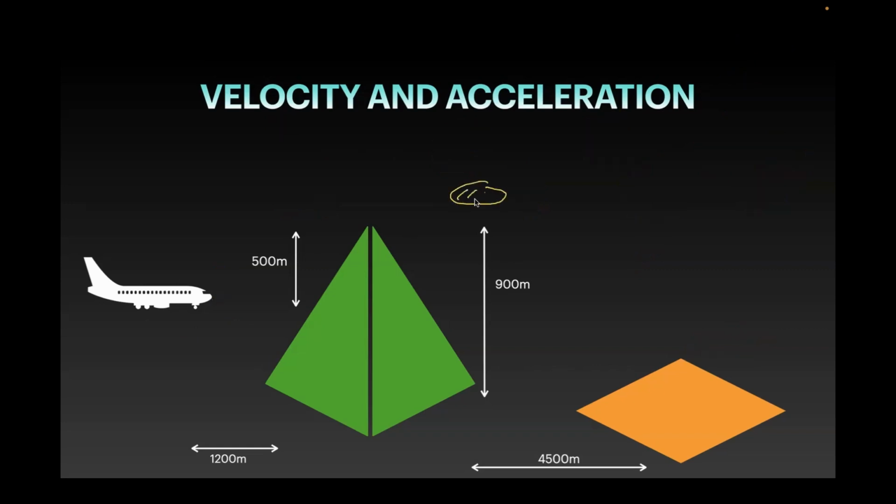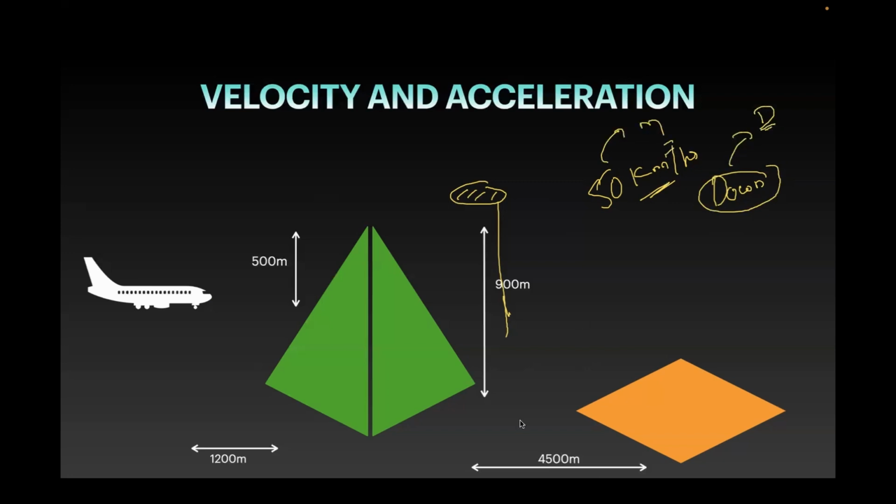Now the airplane is over here. Now you need to move downwards. So you tell the pilot to decrease the speed and come downwards. Now increase the speed to 50 kilometer per hour and come down. Correct? What is it? Magnitude and direction.